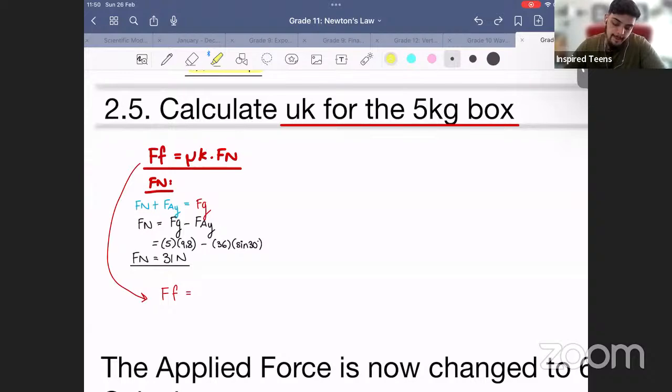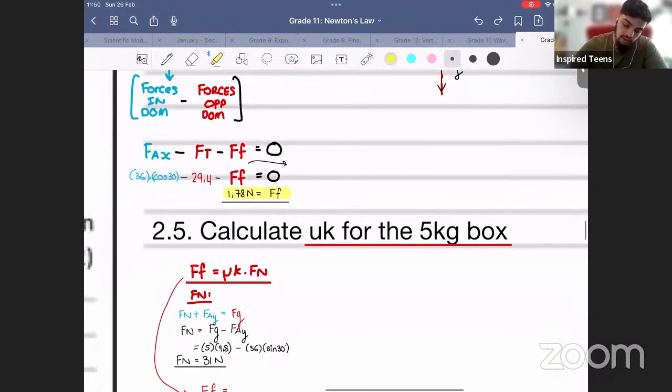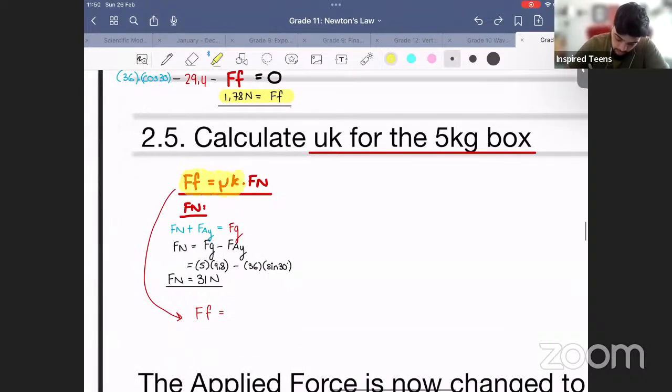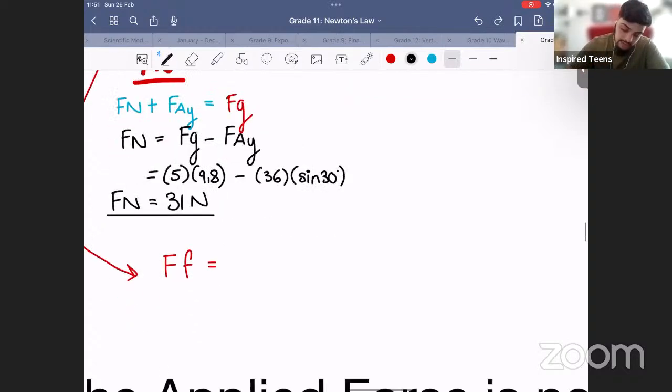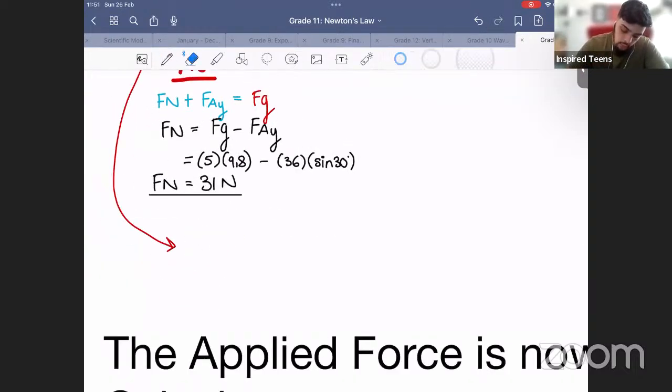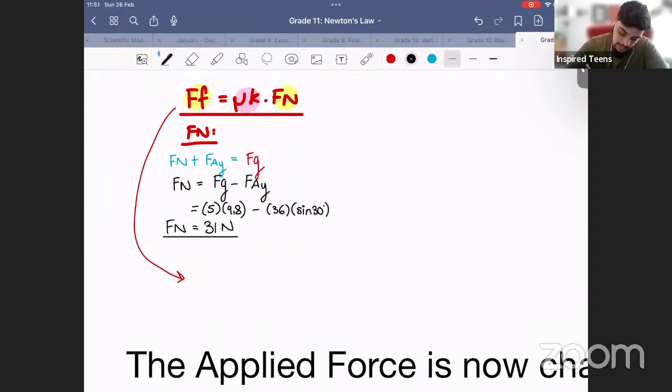In this case, we have friction. We know that frictional force is equal to mu k times Fn. Since we have the friction, we can calculate the normal, then we can calculate mu. We've already calculated normal, right? We utilized up forces are equal to down forces, and we've gotten the normal force. Then we use Ff is equal to mu k times Fn.